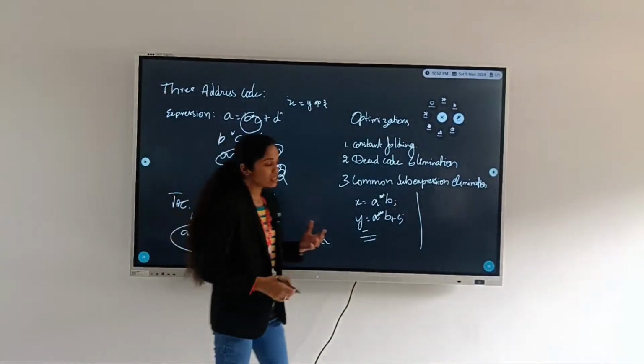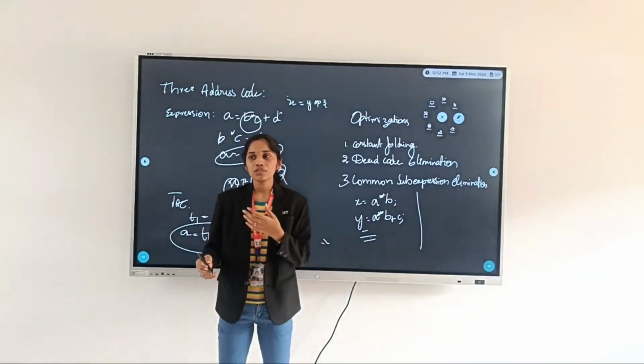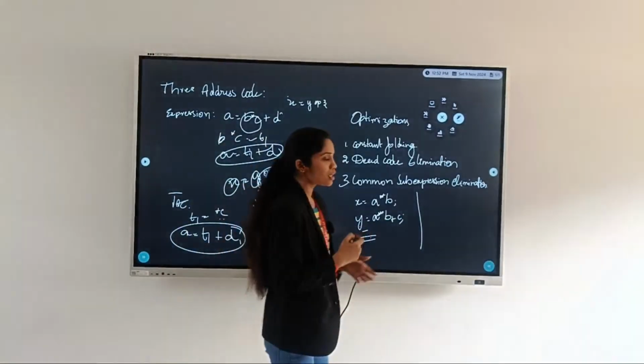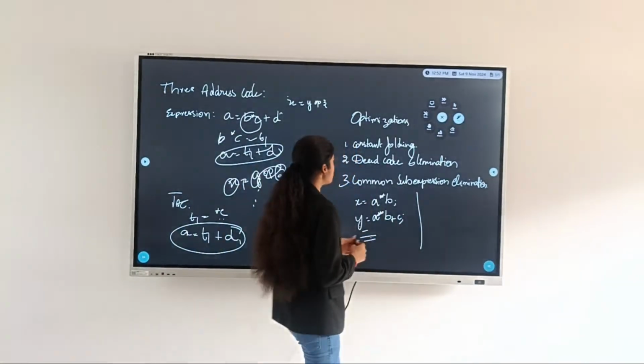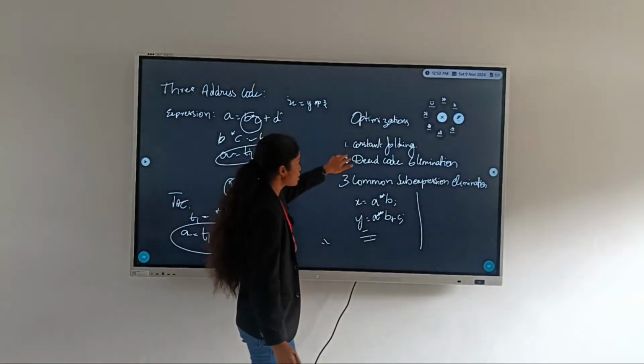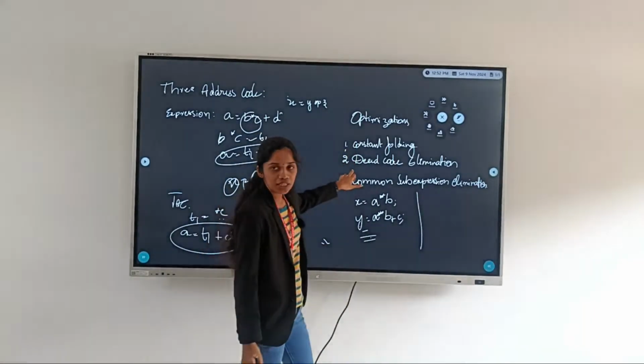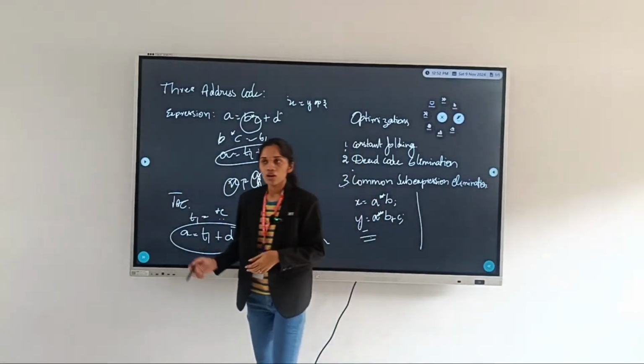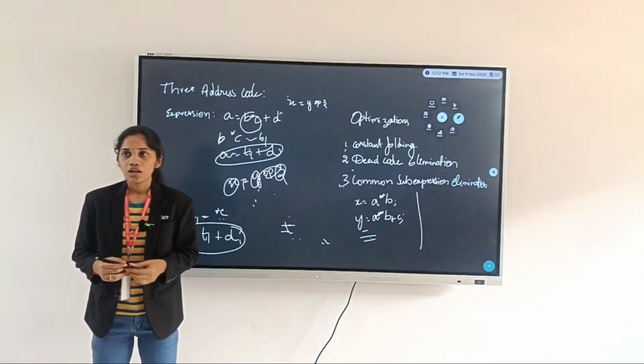And while doing this, we need to come to some optimization techniques. The major optimization techniques we use in TAC are constant folding, dead code elimination, and common sub-expression elimination. So what is constant folding?